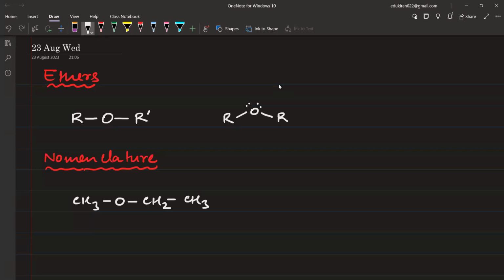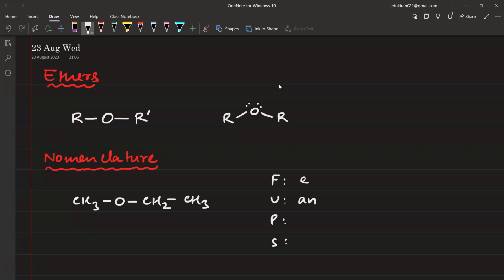Now if I write the IUPAC name, since it does not have any functional group, we follow the method: functional group, unsaturation, parent, and then substituent. We first identify the functional group. We don't have any functional group from the list, that is why we write E. There is no double bond or triple bond, that is why we write AN.